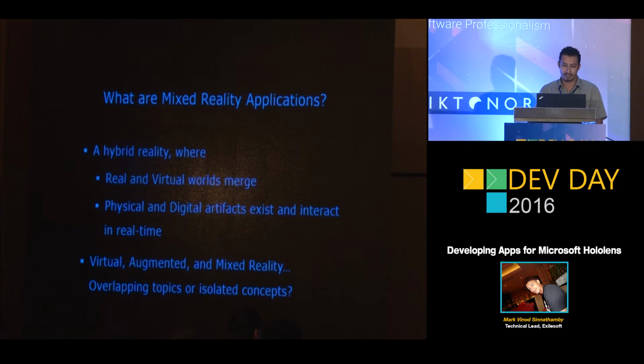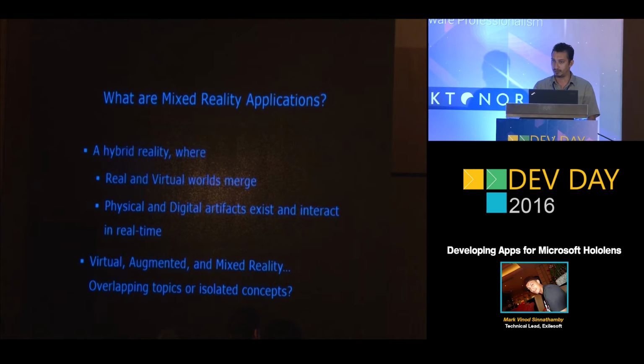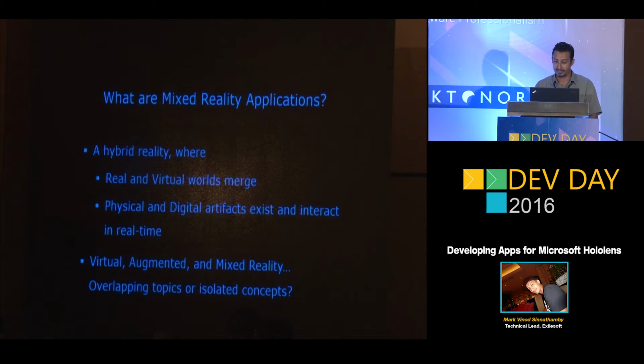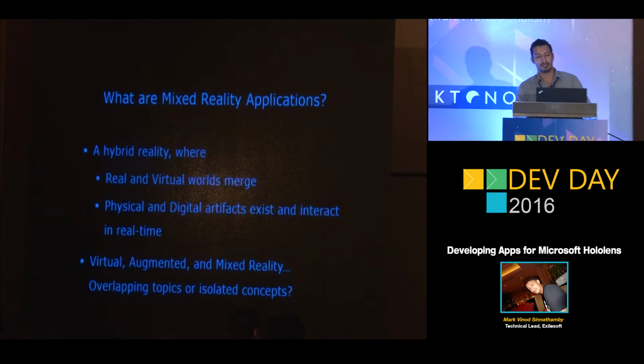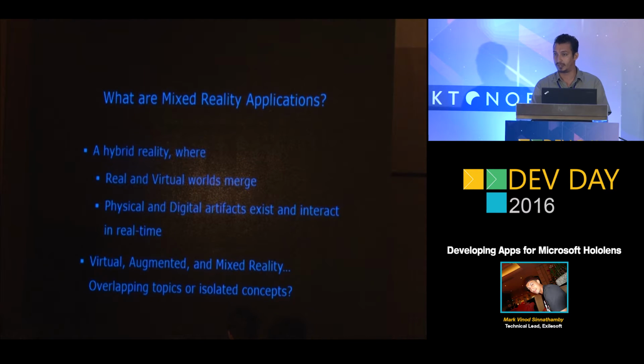So if you look at virtual worlds or virtual reality, the keyword there is presence, you could say, because you're immersed in it. The virtual world surrounds you. And if you're looking at augmented reality, you would have a good idea that it's like kind of overlays. I would take Pokemon Go as an example.